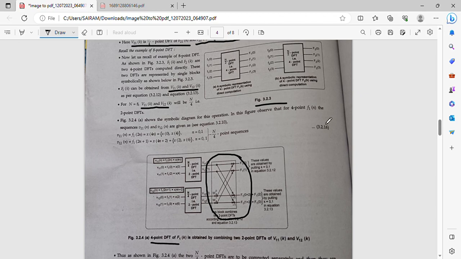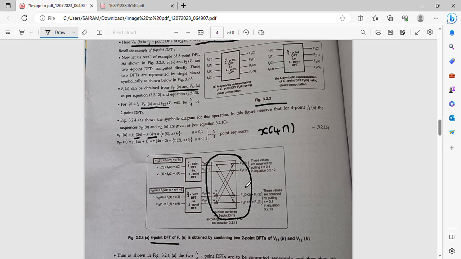In this figure, observe that for the 4 point F1 of n, the sequences V11 of n and V12 of n are given in the equation. So here it is V11 of n, wherein F1 of 2n is equal to x of 4n. Why 4n? Because it is an n by 4 point sequence, so that is why I take it as x of 4n. Right? Yes.